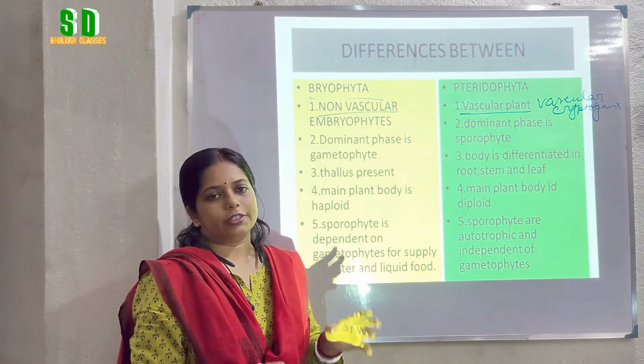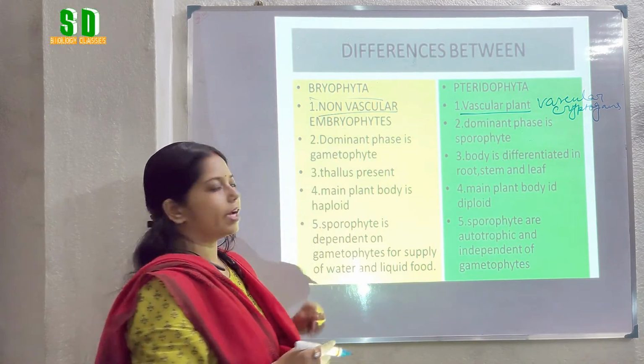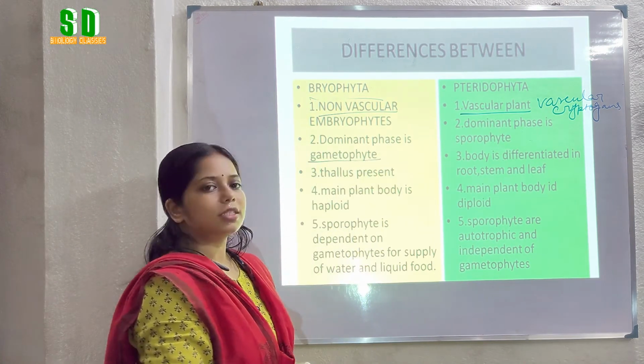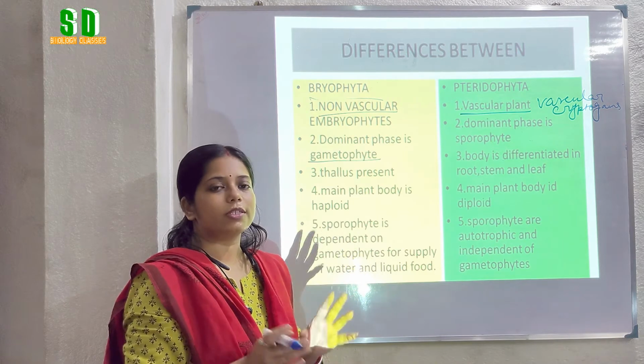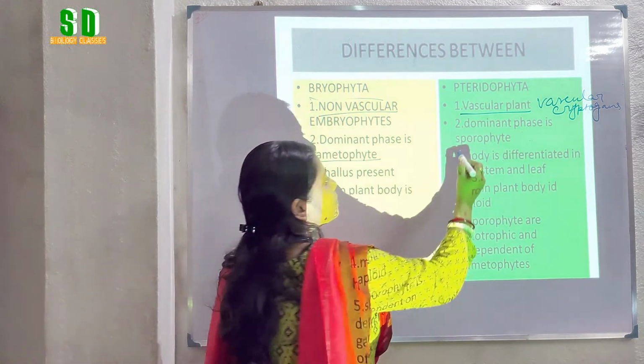The main plant body that we can see in our surroundings in Bryophyta is the gametophyte. Whereas in Pteridophyta, the main plant body is the sporophyte.